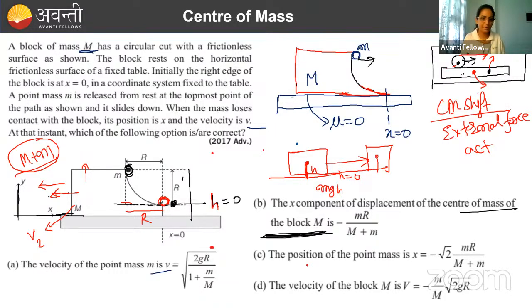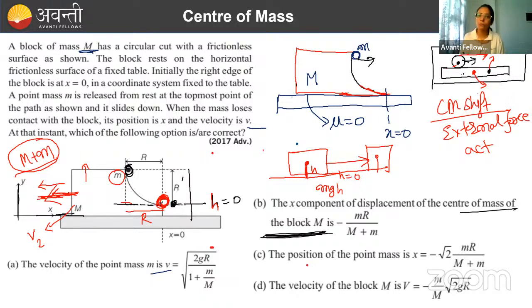So here system is my M plus m. So its initial momentum was how much? Its initial momentum was 0 because the system was not moving. Small m started moving. Finally, it is here. Okay. Final position is when small m has reached this point. Done. So finally, what will be the momentum? This block M has a velocity v2 with respect to ground I have taken. So it will have momentum in this direction towards left, and the small mass m will have momentum in this direction.